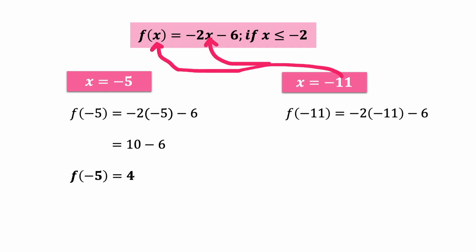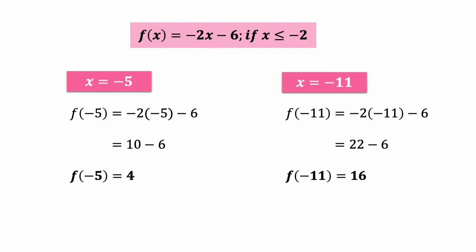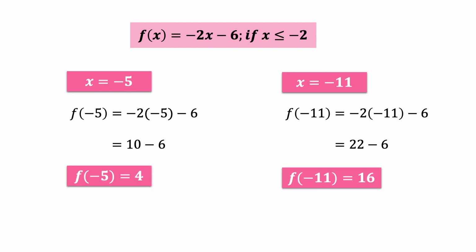Now, -2 multiplied by -11 is +22. 22 minus 6 is 16. Therefore, f of -11 is 16.